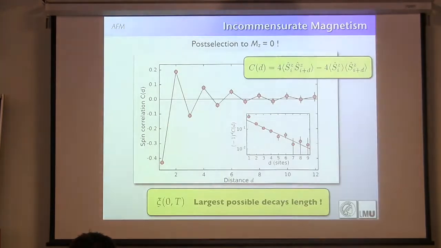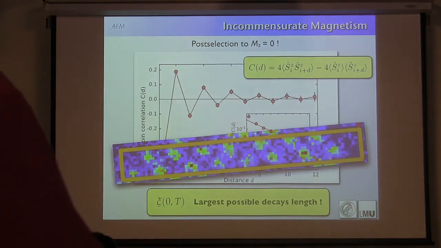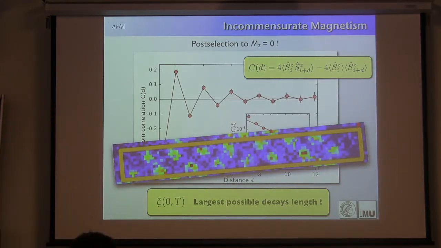Yes, can I ask a question? Do you have an independent measurement of the temperature of the system, or is it difficult? Well, this we can just get by comparing to theory, basically. In this case, this was about 0.5 or 0.4 of the exchange, but this is also post-selected to total magnetization 0, because finite magnetization fluctuations also reduce the correlation length in this case.